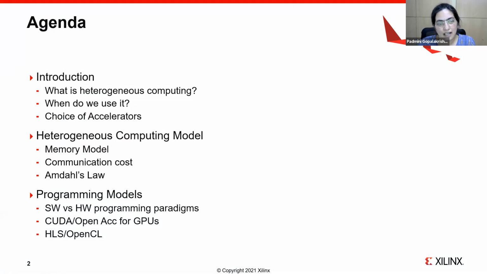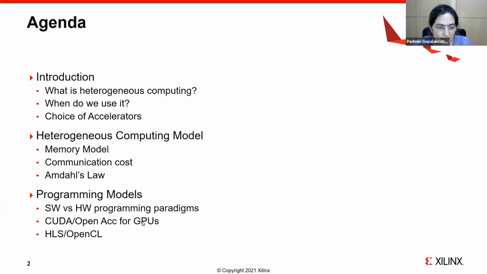So after that, we'll go a little deeper into the heterogeneous computing model. Right? So we'll look at the memory model and communication, and then if time permits, we'll go into Amdahl's law. Otherwise, we'll cover it next time. I'm hoping most of you who have done a computer architecture course are already familiar with Amdahl's law.